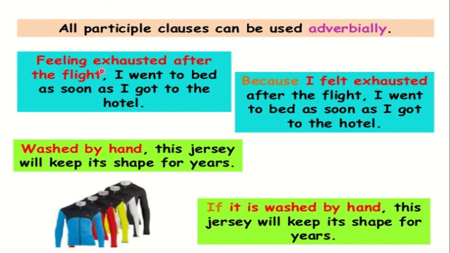Feeling exhausted after the flight, I went to bed as soon as I got to the hotel. So feeling exhausted after the flight is the use of present participle, and it has been used adverbially. In the next sentence, washed by hand, this jersey will keep its shape for years, which means if it is washed by hand, this jersey will keep its shape for years.